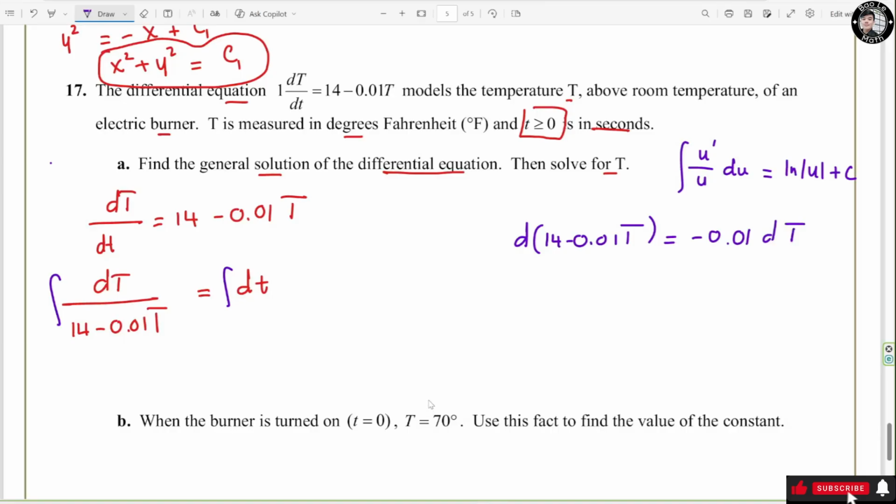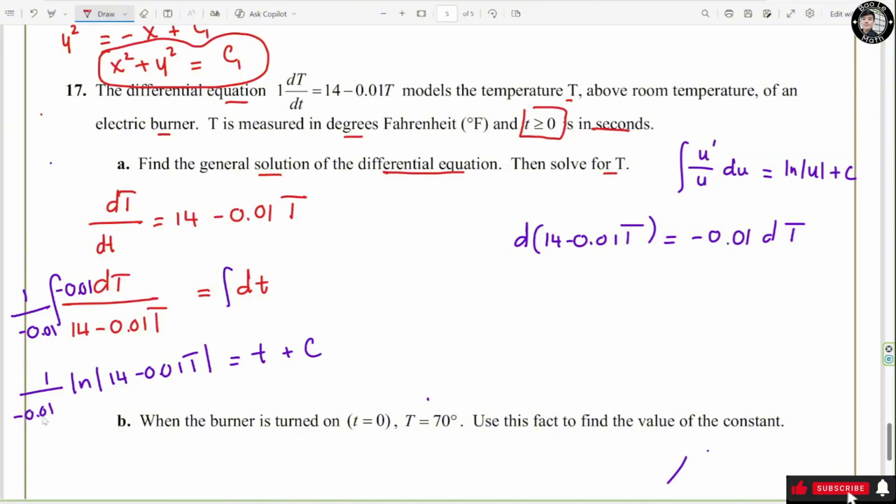So in order to apply this formula, I need to multiply the top by negative 0.01 and divide by negative 0.01. So this guy becomes 1 over negative 0.01 ln absolute value of the bottom, 14 minus 0.01 T, equals t plus c.